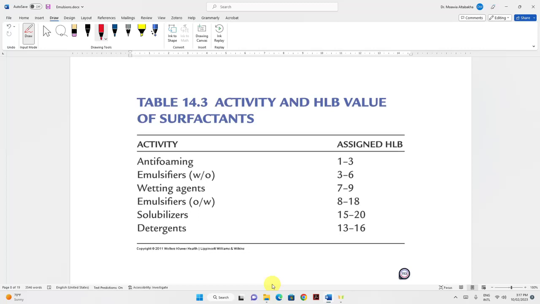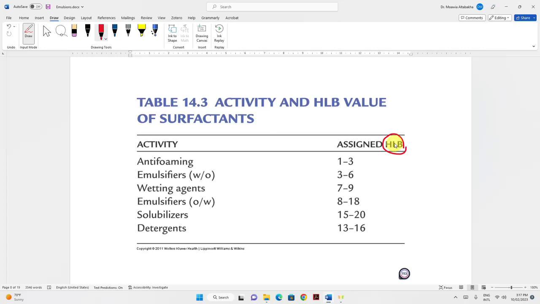The more hydrophilic it is, the larger the HLB number. And the more lipophilic, meaning oil loving, the lower the HLB number.